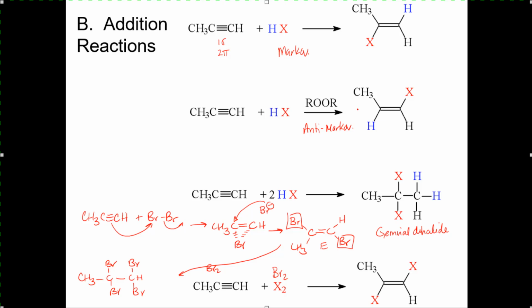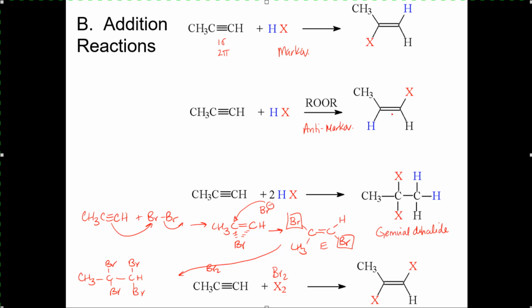Over here, as far as the peroxide anti-Markovnikov addition goes, not only would I add the H to the carbon with the fewest hydrogens and the bromine to the carbon with the most hydrogens, but if I added a second equivalent, notice that this is going to get really messy, because now each of those two carbons has the same number of hydrogens.